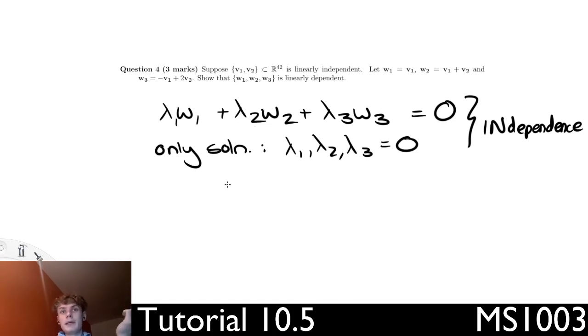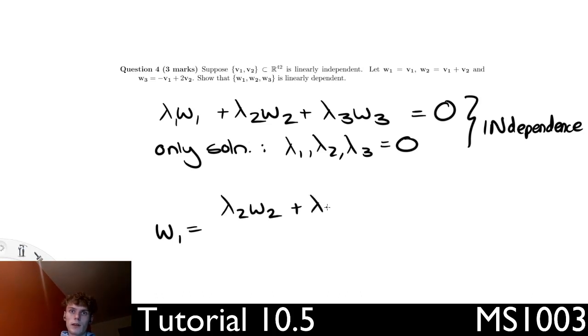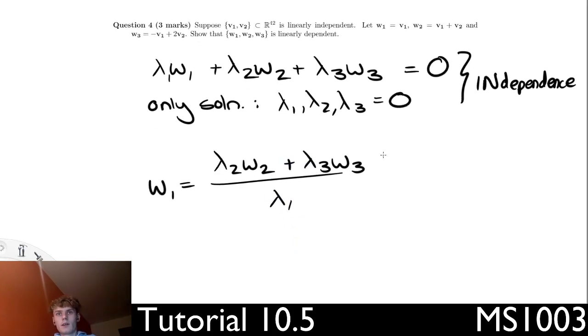If they're dependent, then this isn't true. In particular, I could bring these terms to the other side of the 0, lambda 2 W2 with lambda 3 W3, and then divide by lambda 1. This would show linear dependence.